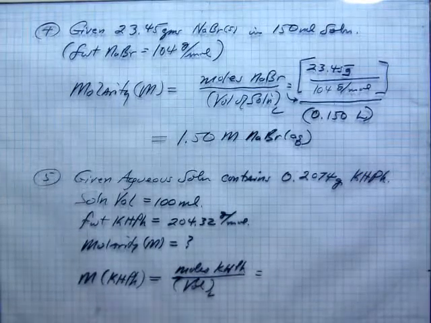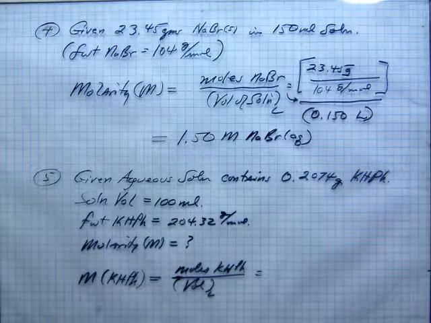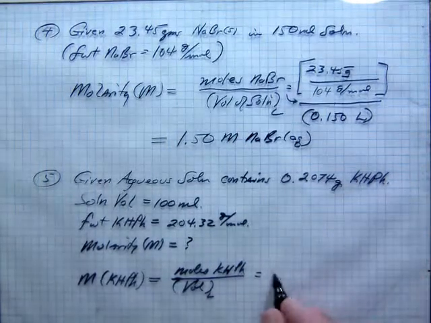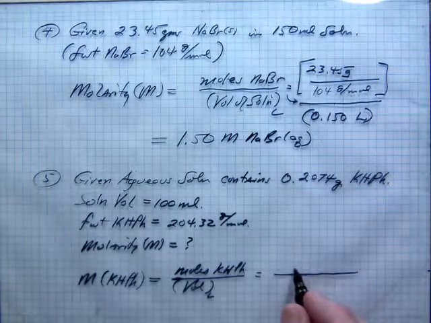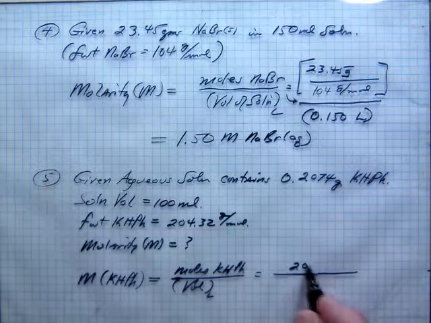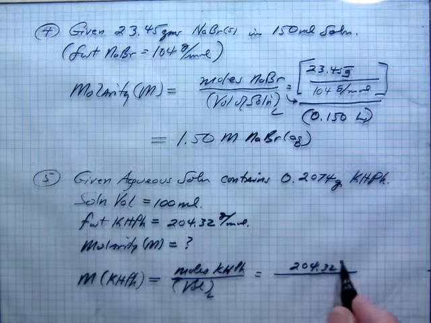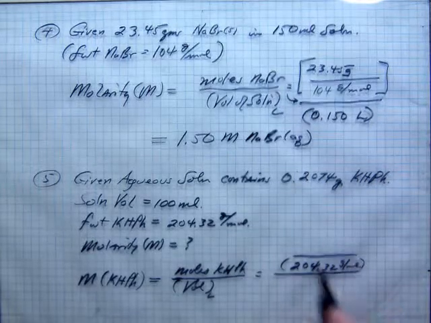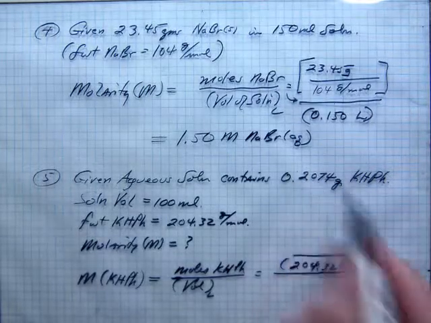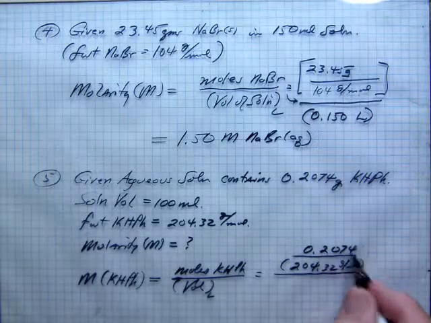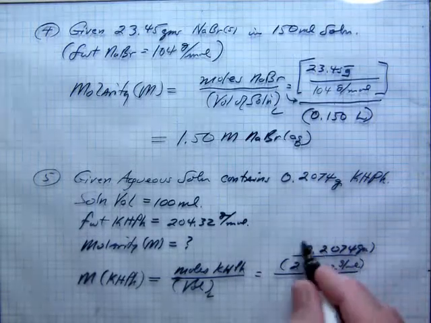So again, in calculating the moles, we divide by formula weight, so this time the formula weight is going to be 204.32 grams per mole divided into the 0.2074 grams.